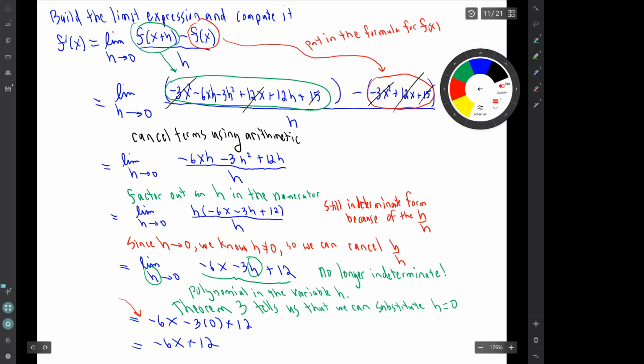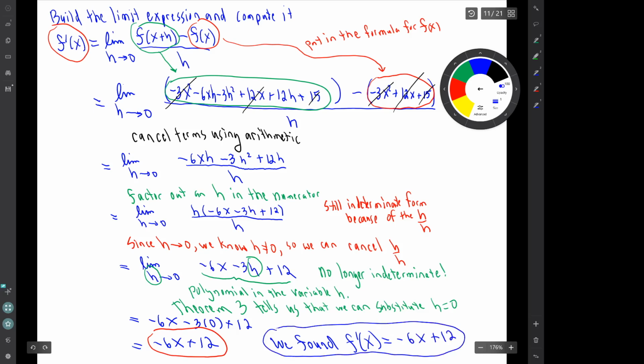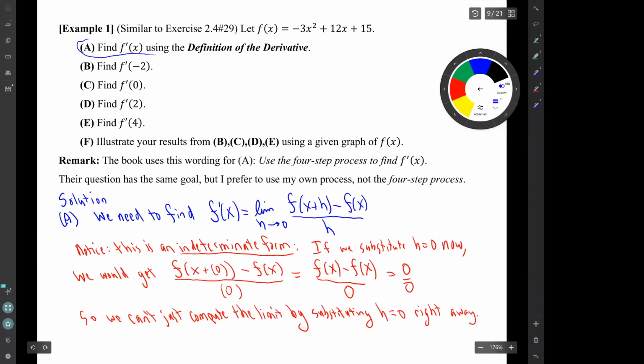We've done the limit, and we end up with an expression that does not have the limit symbol in front. So what we have just found is that this thing, f prime of x, is this function. So that's our answer to question A. Question A was to find f prime using the definition of the derivative, and that's what we did.